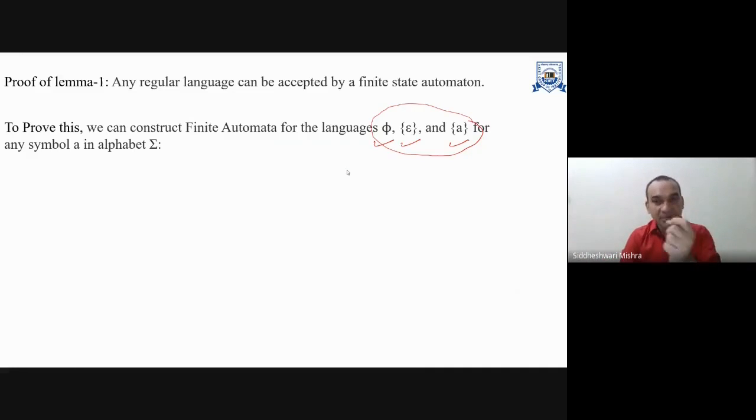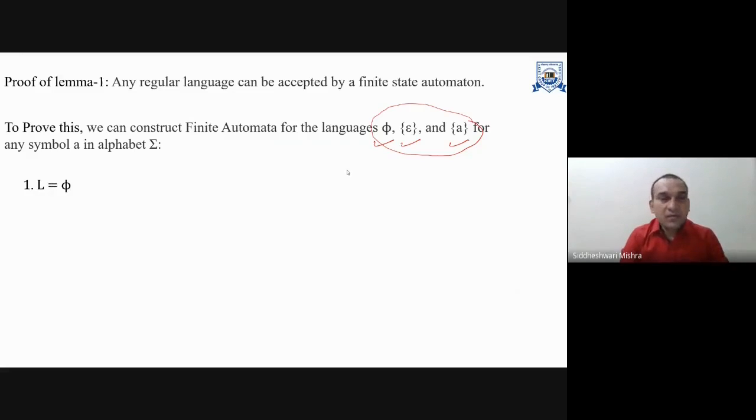So basically, if we are able to perform the fundamental steps, then definitely we can perform the combination of these fundamental steps also. So to prove this, we can construct the finite automata for the language phi, epsilon, and a single symbol A for any alphabet sigma.